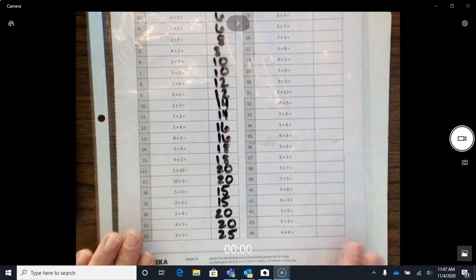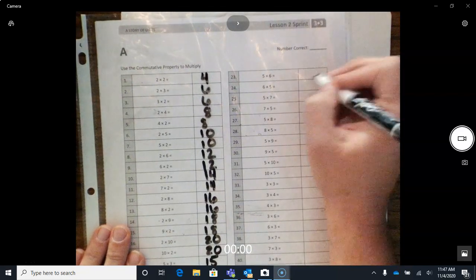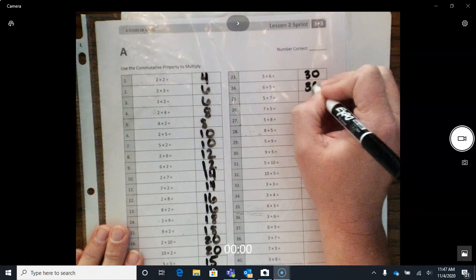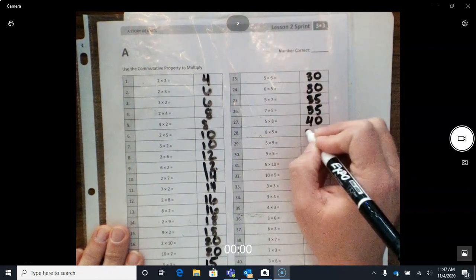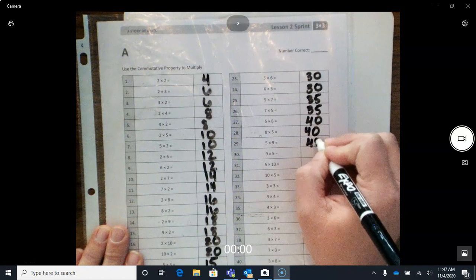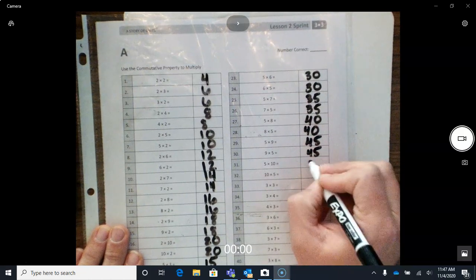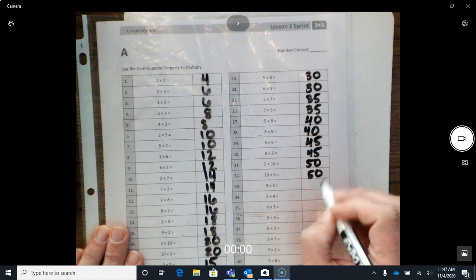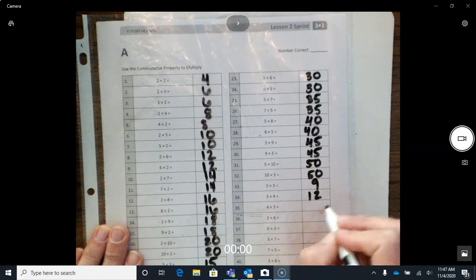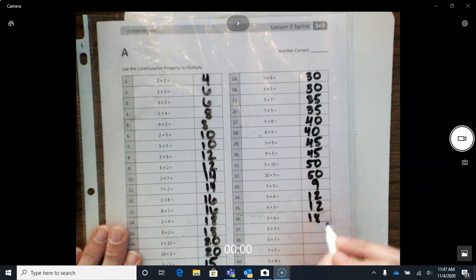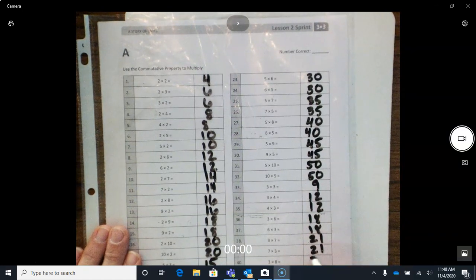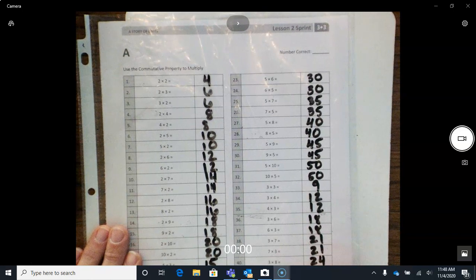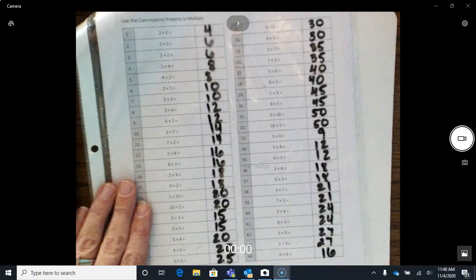Top of the next column. 30, 30, 35, 35, 40, 40, 45, 45, 50, 50, 9, 12, 12, 18, 18, 21, 21, 24, 24, 27, 27, 16.